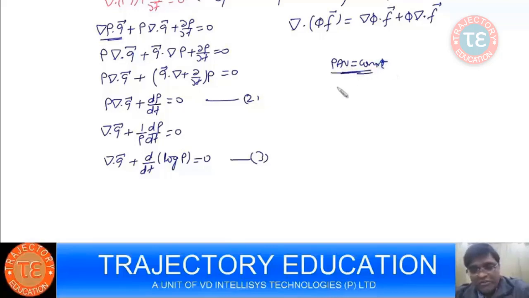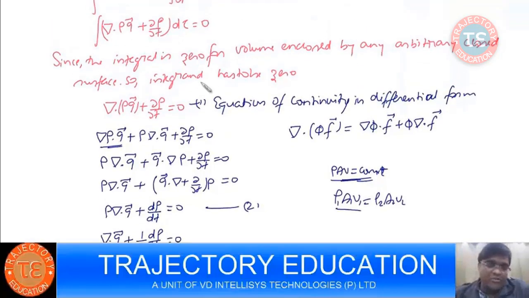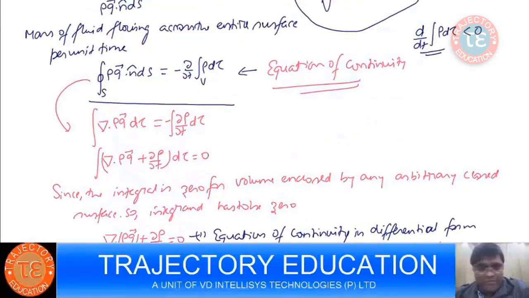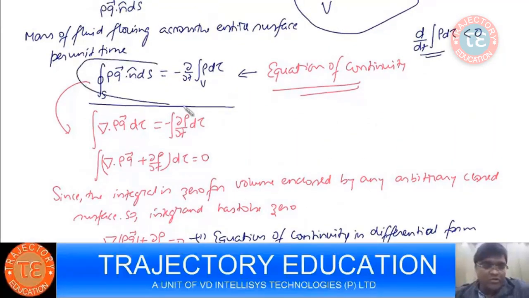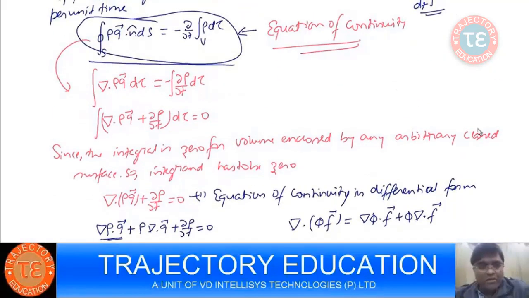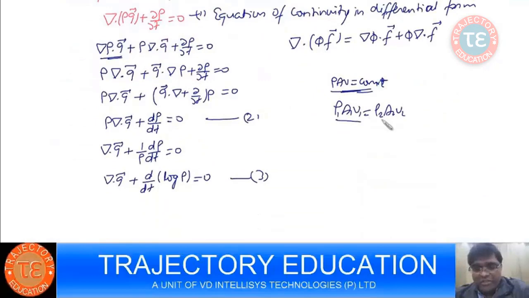This is the expression which you read at 10 plus 2 level: rho A1 V1 equals rho A2 V2. So how does this come? I told you that this is the equation of continuity. Then how does this expression come from that expression?